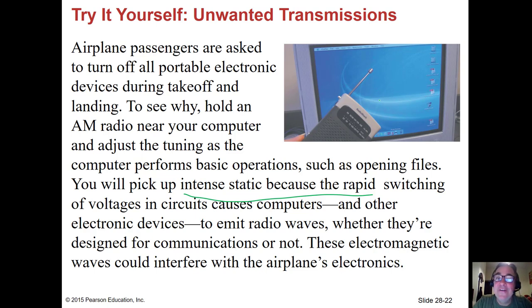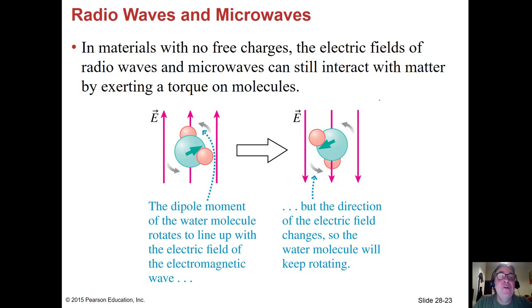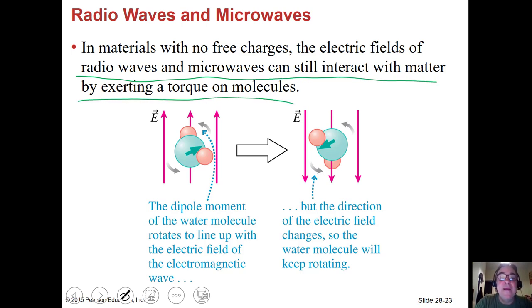Okay, good. Radio waves and microwaves: in materials with no free charges, the electric fields of radio waves and microwaves can still interact with matter by exerting a torque on molecules. So with the microwave, you've got a water molecule, which is a polar molecule, which means the positive part and the negative part are slightly askew from each other. So pretend this is a water molecule, and you have an electric field like this, it will line up.